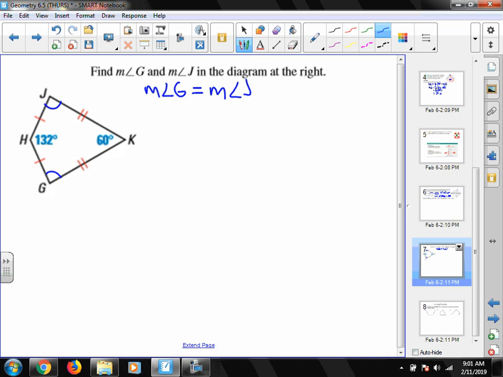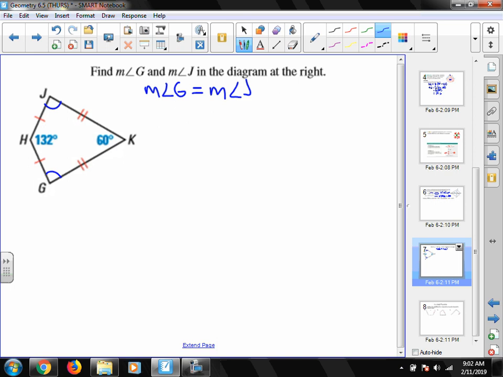So what that allows me to do is, I'm still working with a quadrilateral, okay? And you guys know that all of the angles in a quadrilateral have to add up to 360 degrees. Since the measure of angle G and the measure of angle J are equal to each other, I can actually set up an equation where I substitute one in for the other.